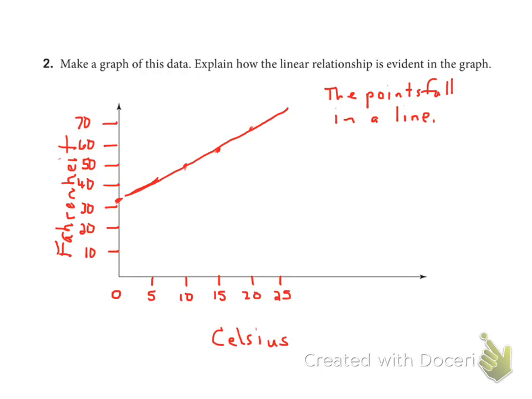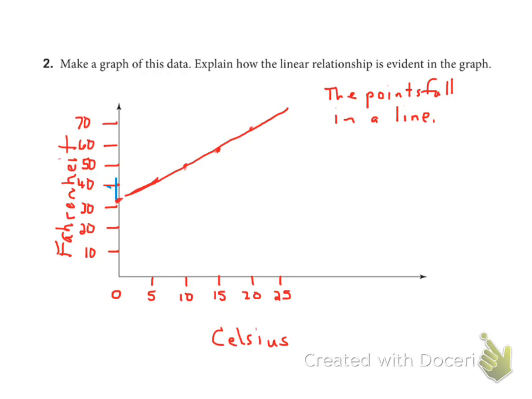So if we're starting at the first point and we're rising to be even with the second point, how far up do we have to go? It might be easier if you look at the numbers in the table. The first one is (0, 32). The second point is (5, 41). So how far up do we have to go?